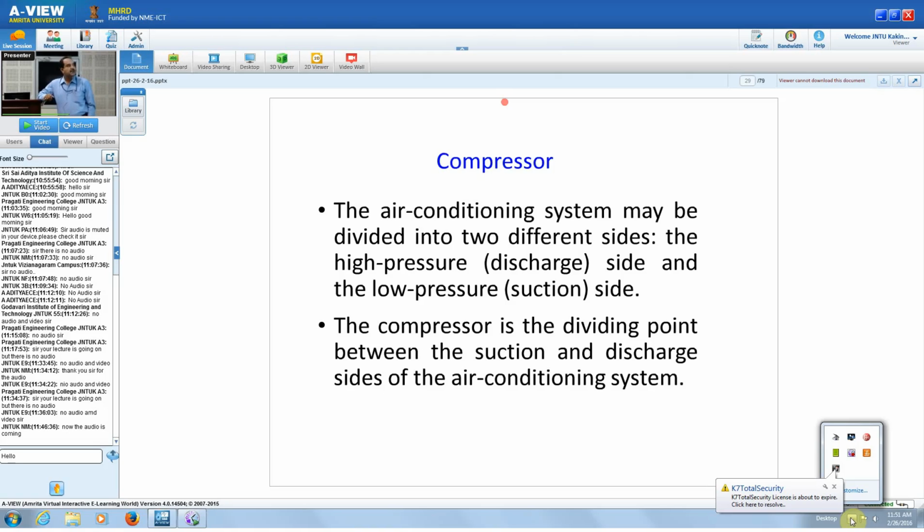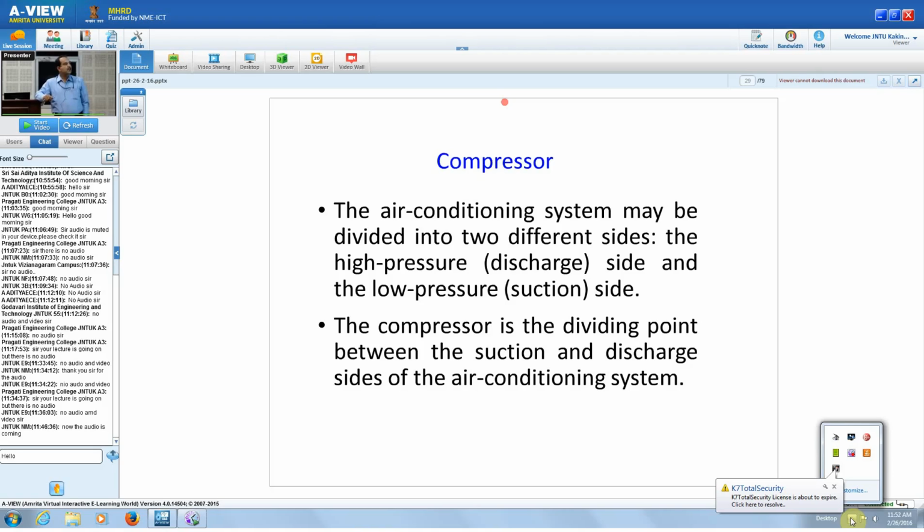High pressure side is into the condenser. That's why we are discharging the gas to the condenser. That's why it is the discharge line, because it is high pressure and high temperature also.